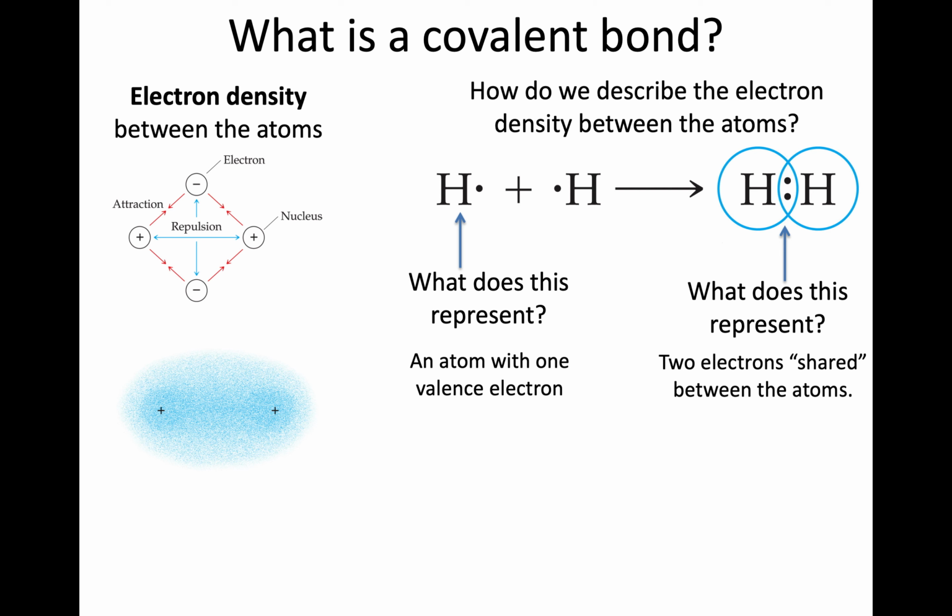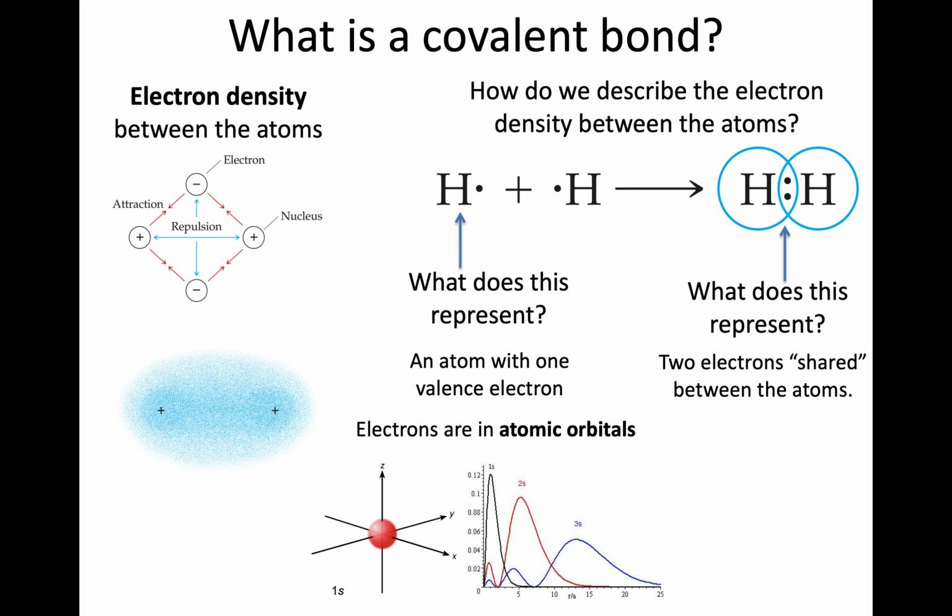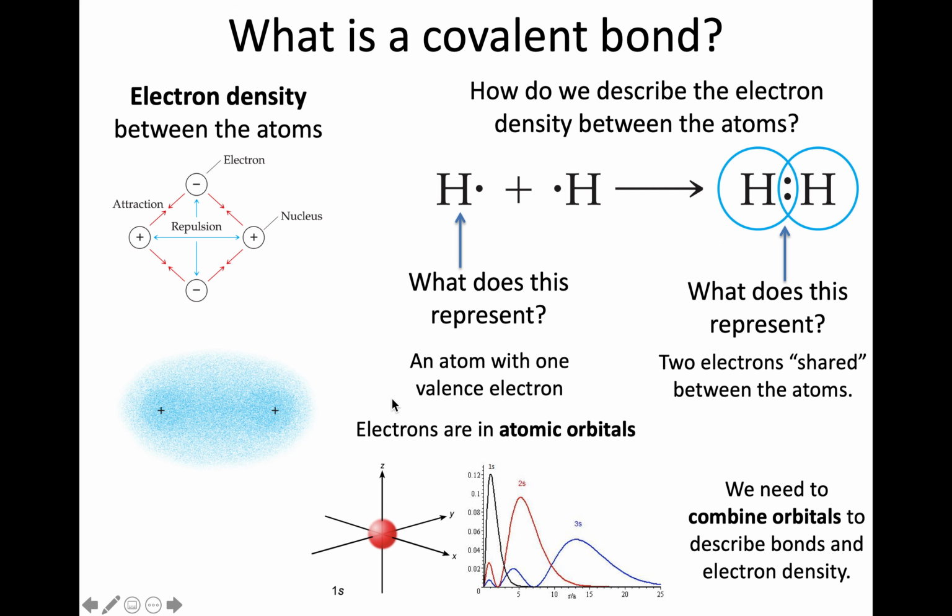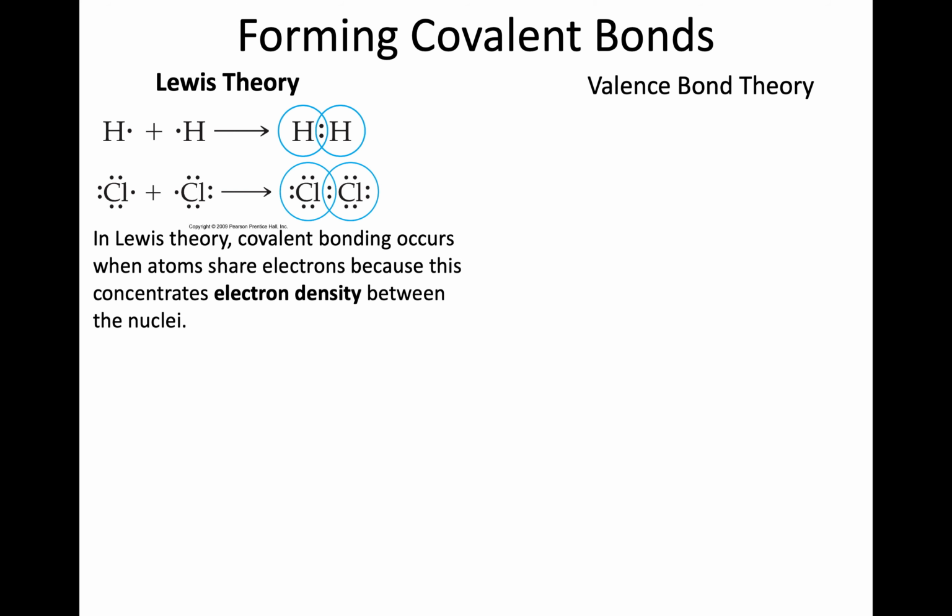But if we think back to Chapter 6, electrons are a lot more than just a dot. Electrons, after all, are found in atomic orbitals. And we spend a lot of time and effort describing these atomic orbitals, including radial probability distribution functions. Now we're going to begin to bring these ideas together, a more advanced treatment of atomic orbitals, and how we can now combine orbitals to describe bonds and where the electron density is found.